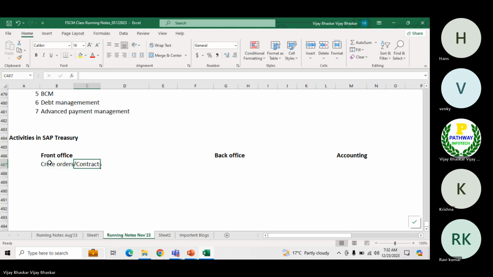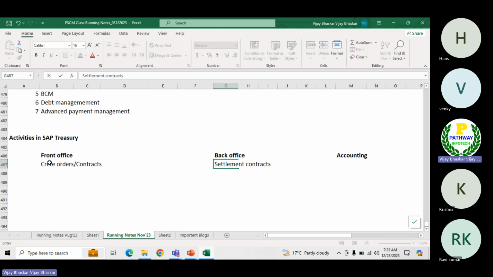Now, with that order, the back office should perform the settlement or month-end revaluations or forex revaluations. I mean, settlement, netting. So there are different activities which the back office is going to perform. Let's say the settlement of the contracts.